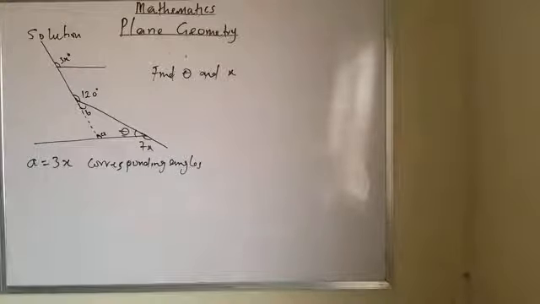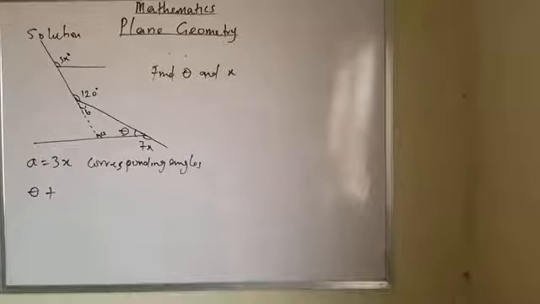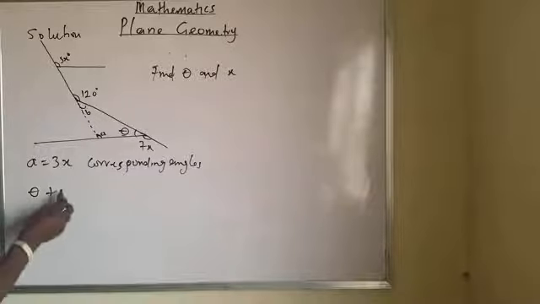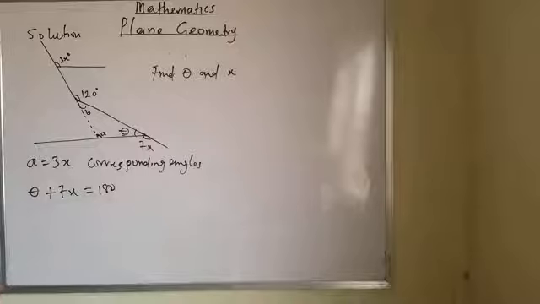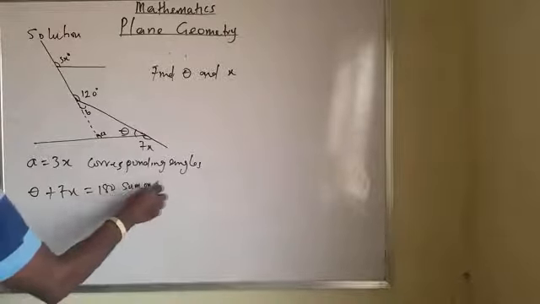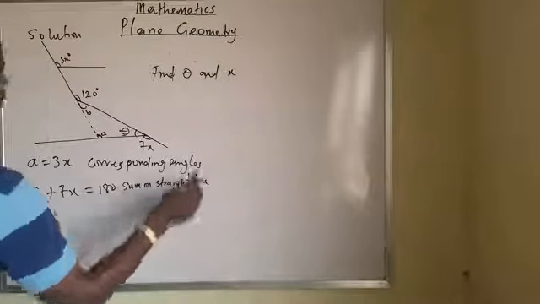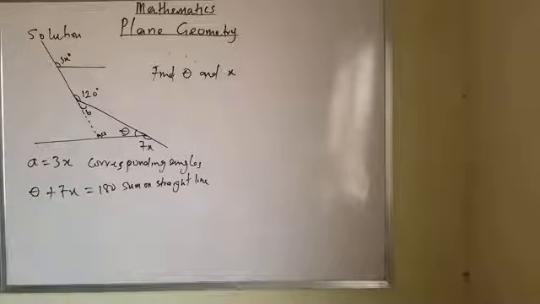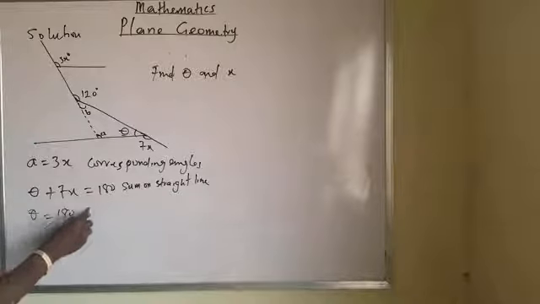Since that is the case, I can say that my theta plus 7x equals 180, angles on a straight line. Sum of angles on a straight line. Now, I can say that my theta will be equal to 180 minus 7x.